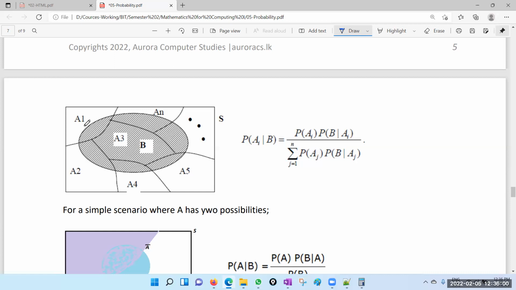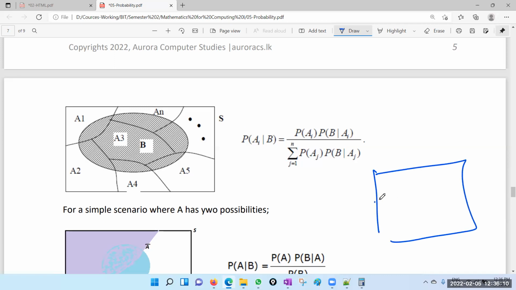It's a little bit complicated, and anytime you can get confused, but it's very important. You must have this idea. We must have A1, A2, A3 exhaustive so that all the possibilities are taken.